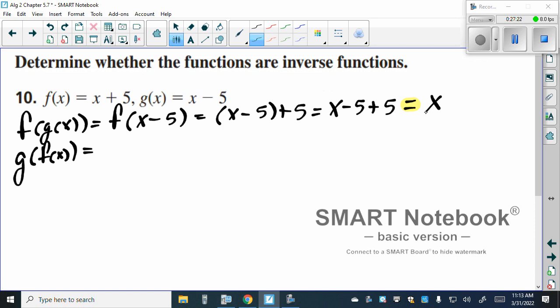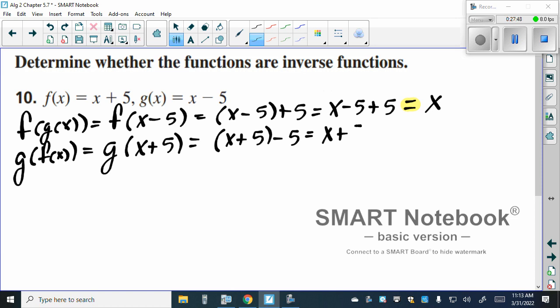Now it is good to always check both, just on the off chance that one works but the other doesn't. For this one here, f of x is x plus 5. And again, just like with the first one, we're going to take x plus 5 and replace it for every x in g of x, which would give us x plus 5 minus 5, which equals x.